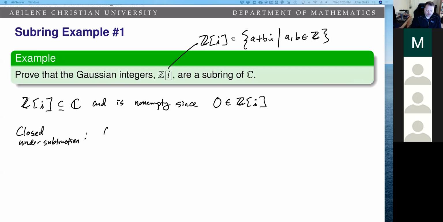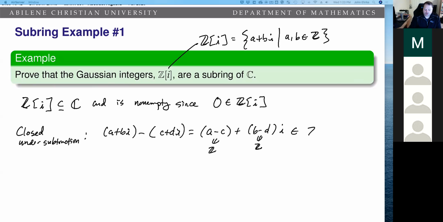If you take an a plus bi and you subtract a c plus di, well, by rules of complex subtraction, this is a minus c plus (b minus d)i. And if a, b, c, and d are all integers, then a minus c is also an integer, and b minus d is also an integer. So this thing belongs to the Gaussian integers.